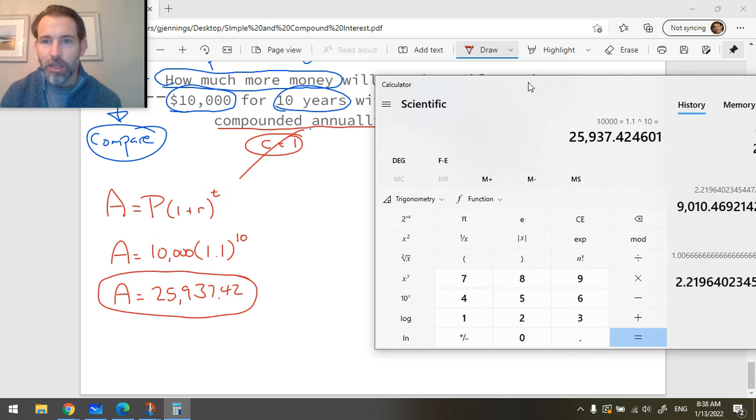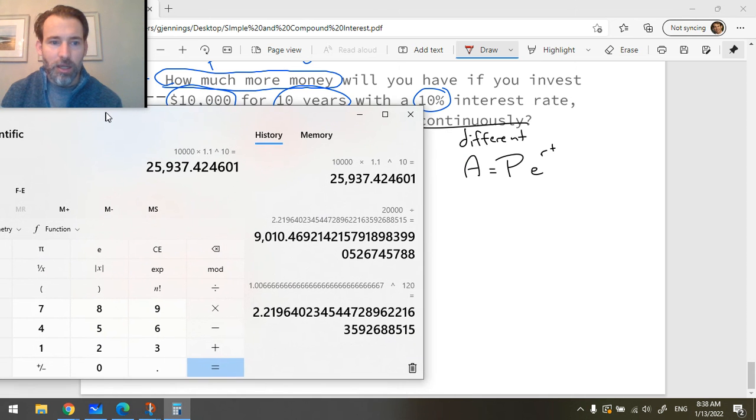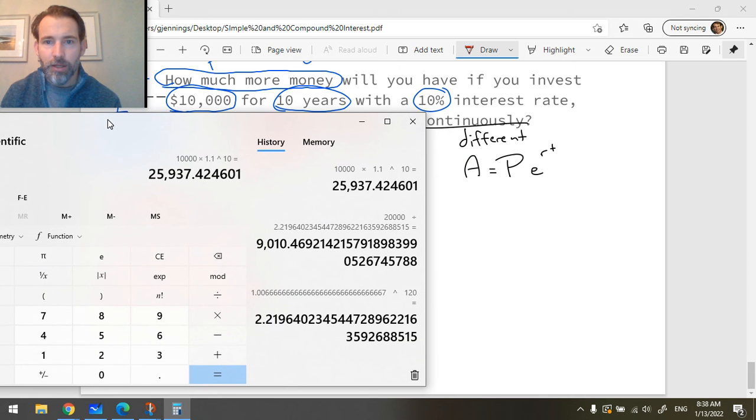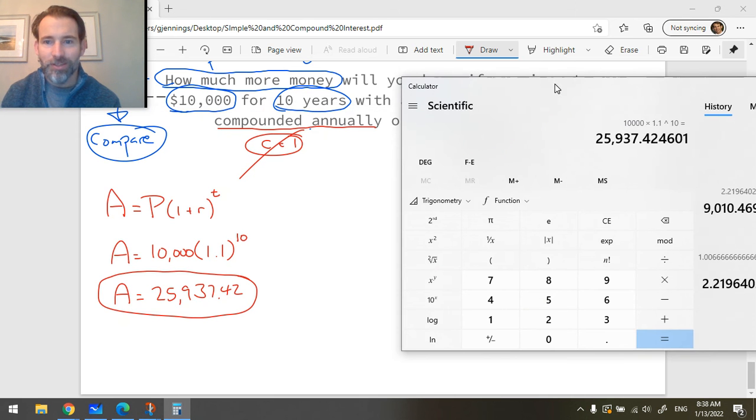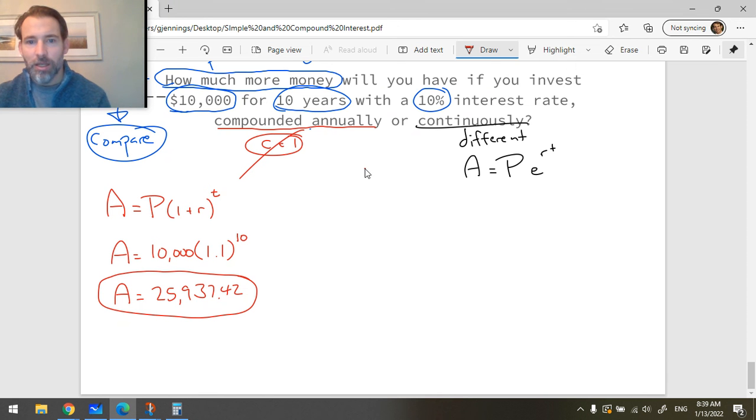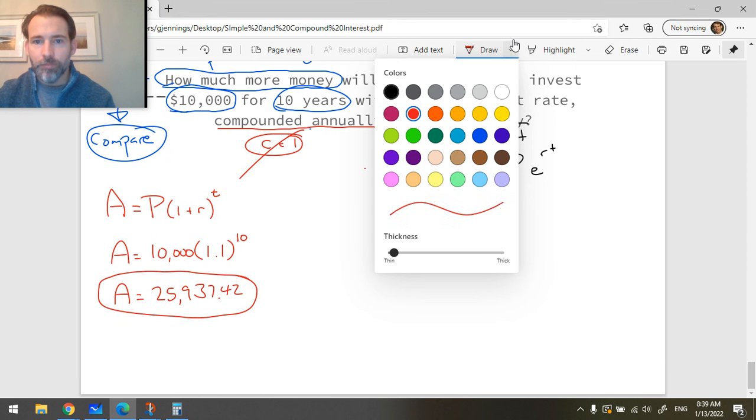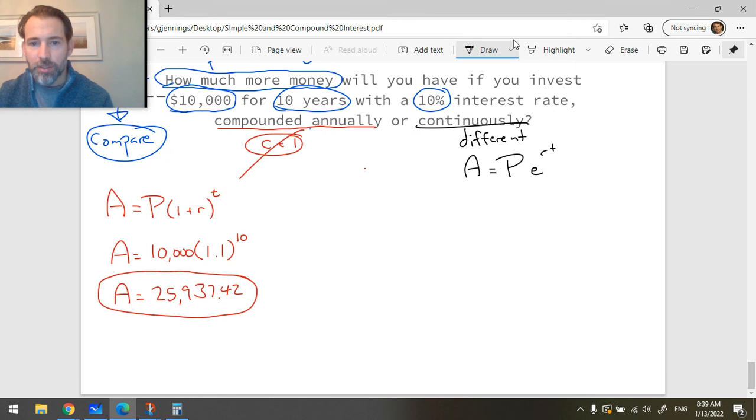Now let's take a look at compounding continuously. Okay, let's type it in. Here, the way we set this formula up is amount is equal to 10,000, that's the principal, multiplied by E raised to the rate times time.